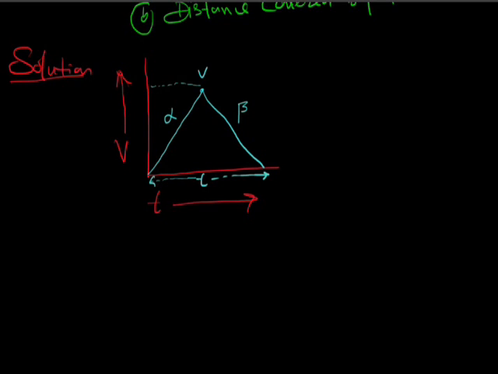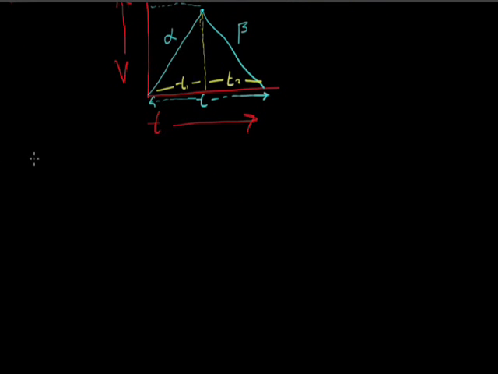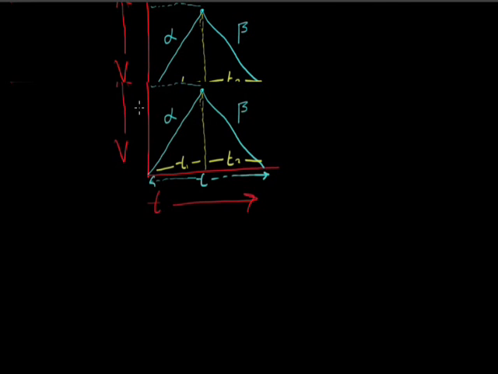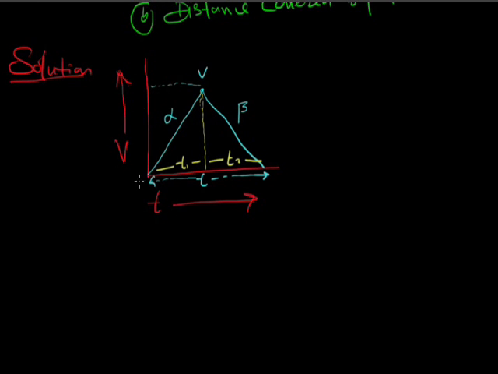Because acceleration and retardation are different, we have to divide this total time period into two segments. One is time period t1 and another is time period t2. For the first segment, this is the equation. This is the graph according to O, A and B.